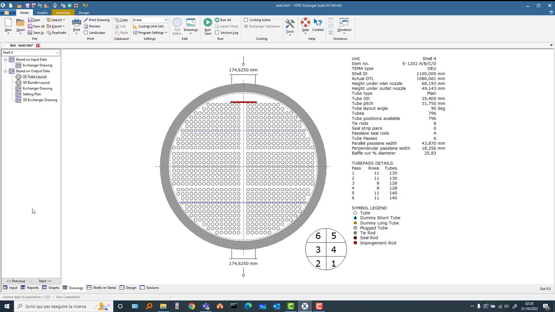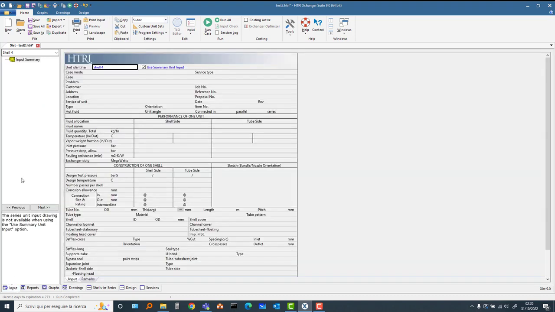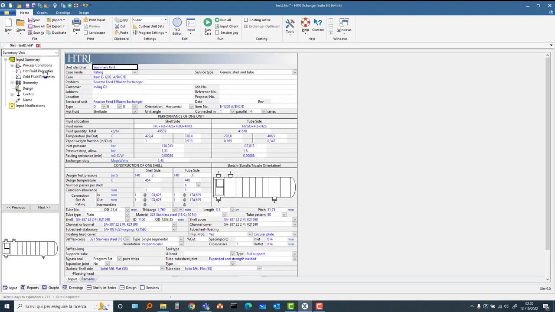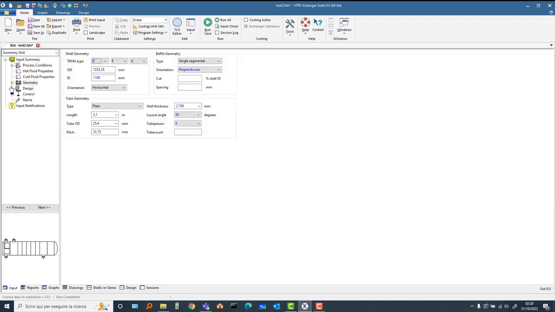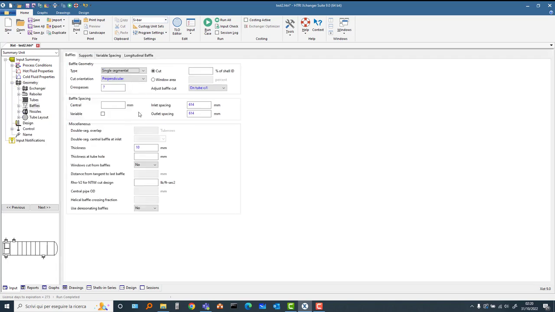How can we do that? Well, it's not very difficult. Let's come back to the input, take the summary unit, and from the geometry baffles, we say that instead of cut orientation perpendicular, we say cut orientation parallel.